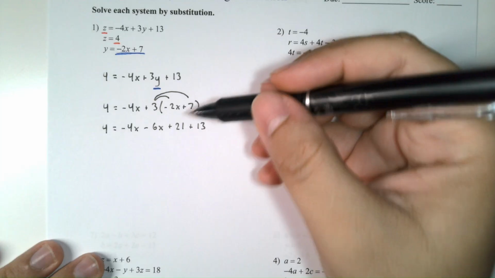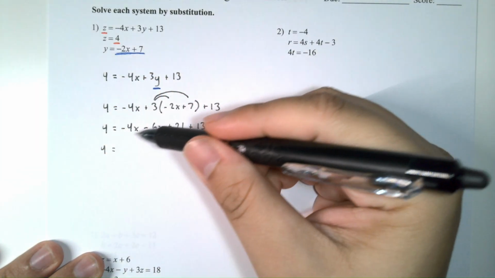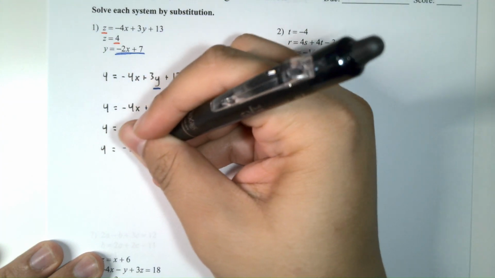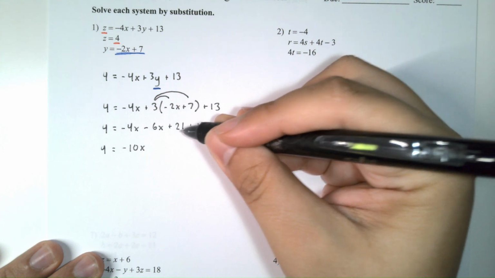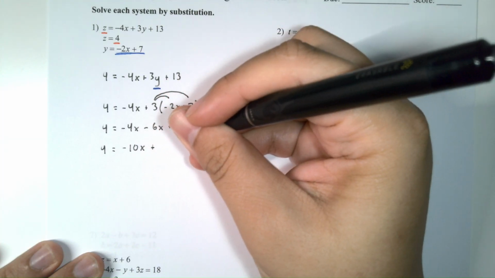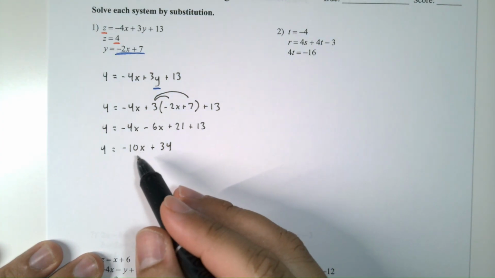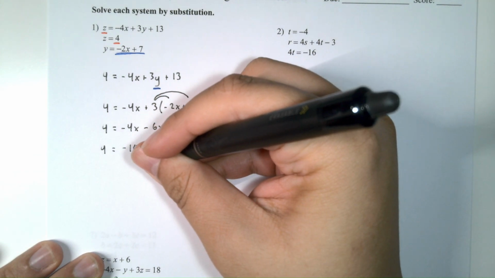If we combine like terms, we have 4 is equal to negative 4x minus 6x, which is going to be negative 10x. And then on this side, we also have 21 plus 13. If we throw that into our calculator, we're going to get 34.